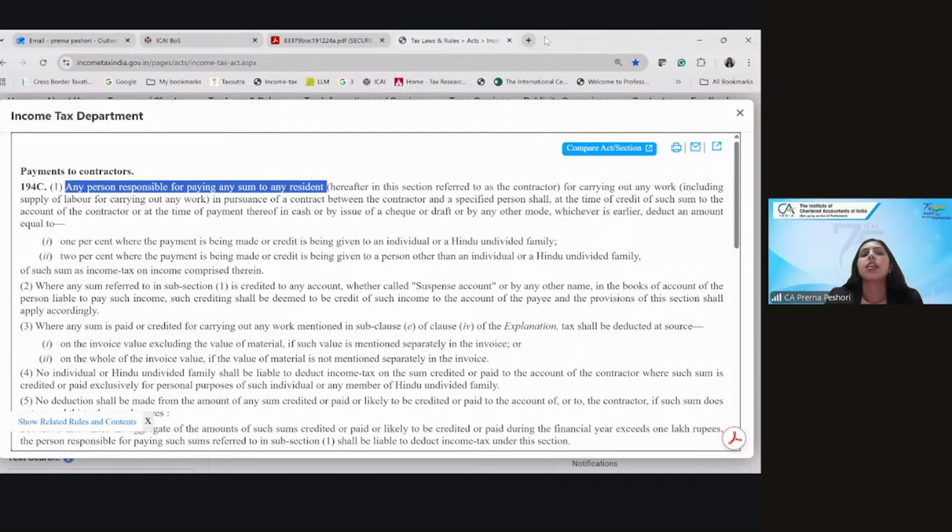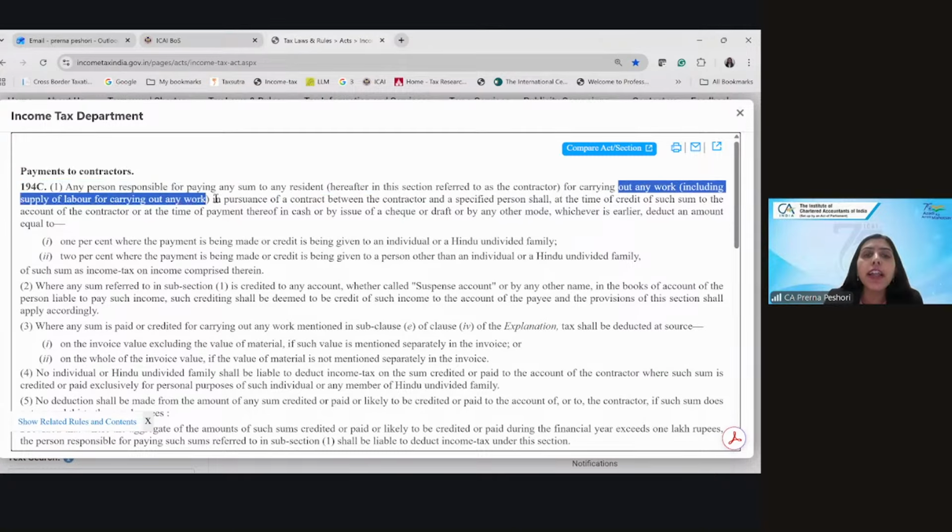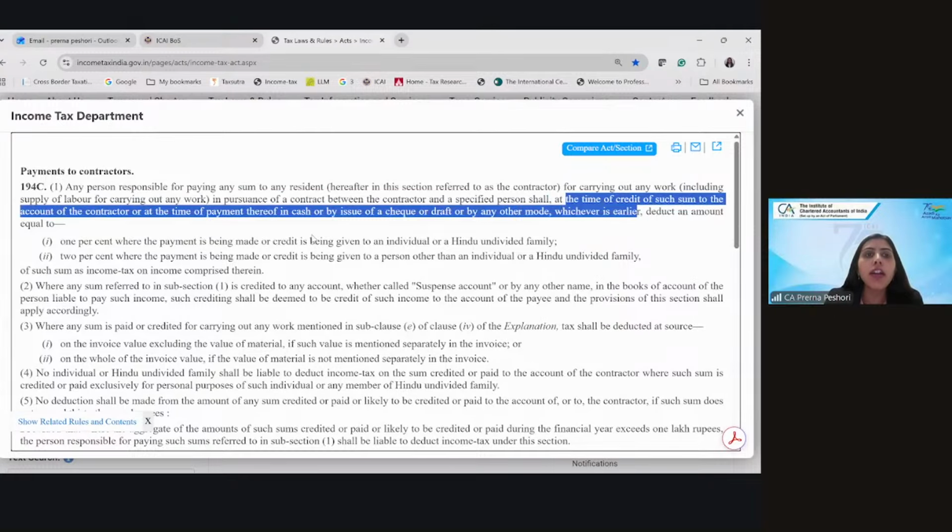Then, what does it say? For carrying out any work, including the supply of labor for carrying out any work in pursuance of a contract between the contractor and a specified person, tax shall be deducted at the time of credit or at the time of payment, whichever is earlier.